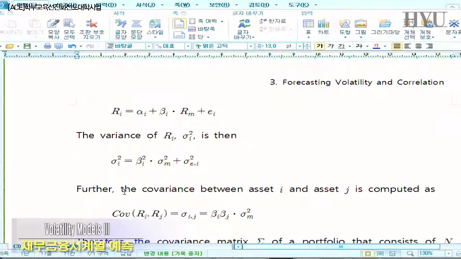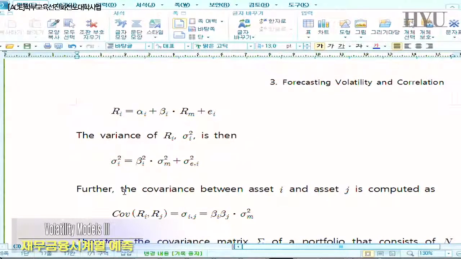And why do they co-move? Well, they have the same thing in common here, right? This is idiosyncratic variation, so it shouldn't affect, and this has something to do with it, right? And it turns out the covariance is simply the variance of the market, not squared this time, but the cross product of the betas.